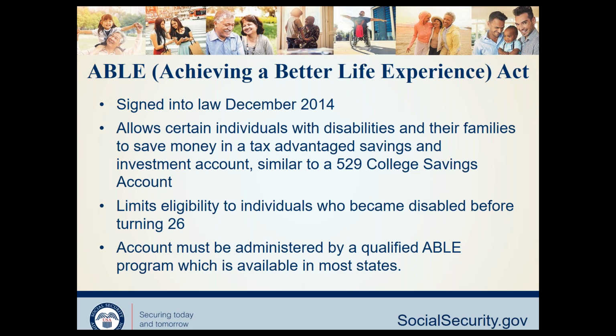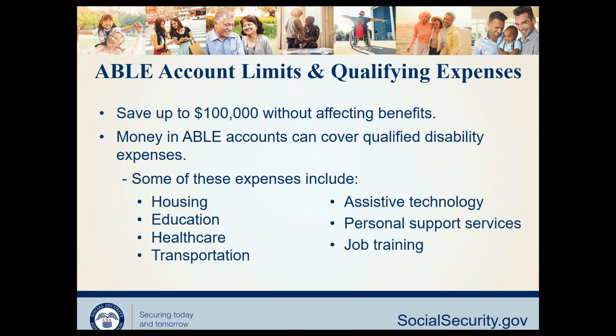For the Social Security SSI program, ABLE account limits and qualifying expenses: ABLE account balances are excluded up to $100,000. So for SSI, if a person is on SSI, we exclude that.